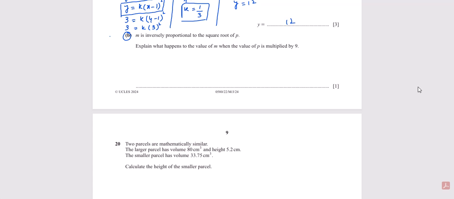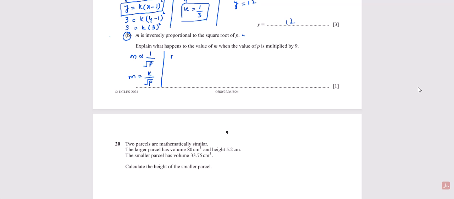Part B. M is inversely proportional to the square root of P, like this. And now M is equal to K over square root P, like that. Next is explain what happened to the value of M when the value of P is multiplied with 9.